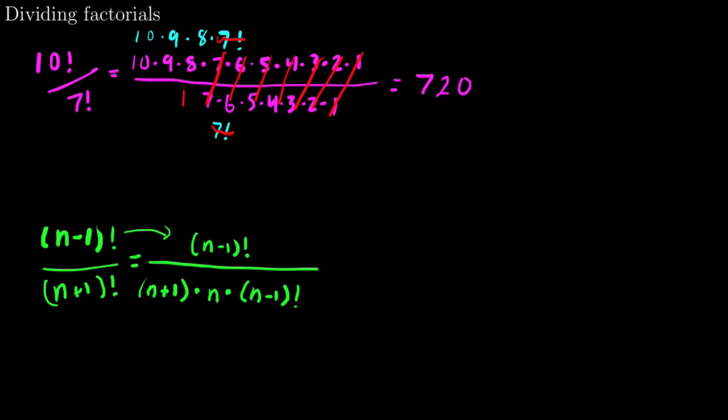So we can see that there were 2 extra elements here. This is the same thing as n minus 1 factorial if I multiply it by n and n plus 1 to get those next 2 elements getting up there. Here the n minus 1 factorials cancel out. I'm left with 1 over, and I can distribute this through, n squared plus n.